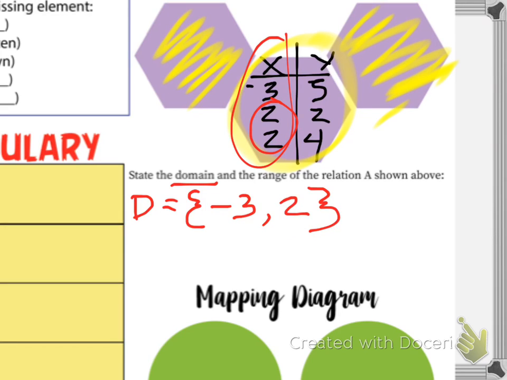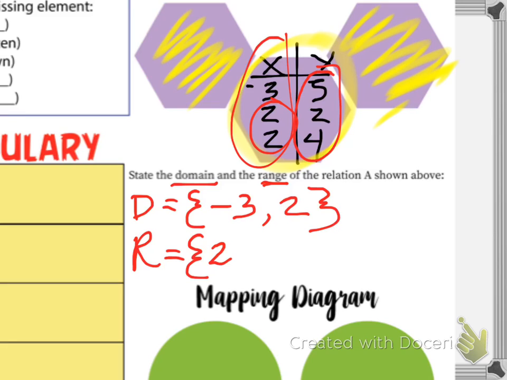Now, for the range, that's going to get a capital R for range. The range is equal to, again, we're going to open up the braces, and this time I'm going to look for everything in my y column. And I want to make sure that I do have these written in numerical order. So we'll start with 2, even though I see 5 first on the list.